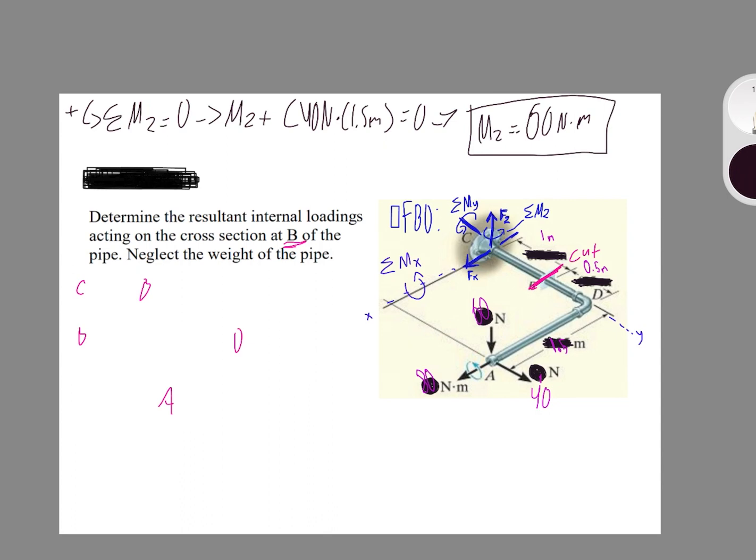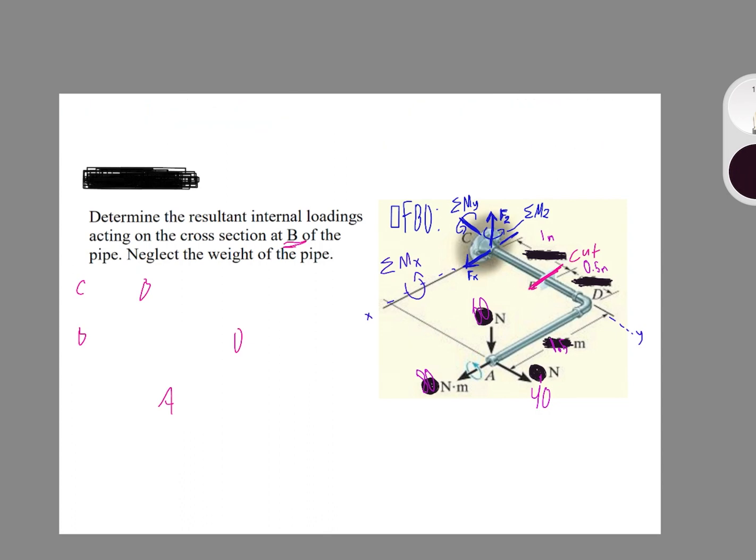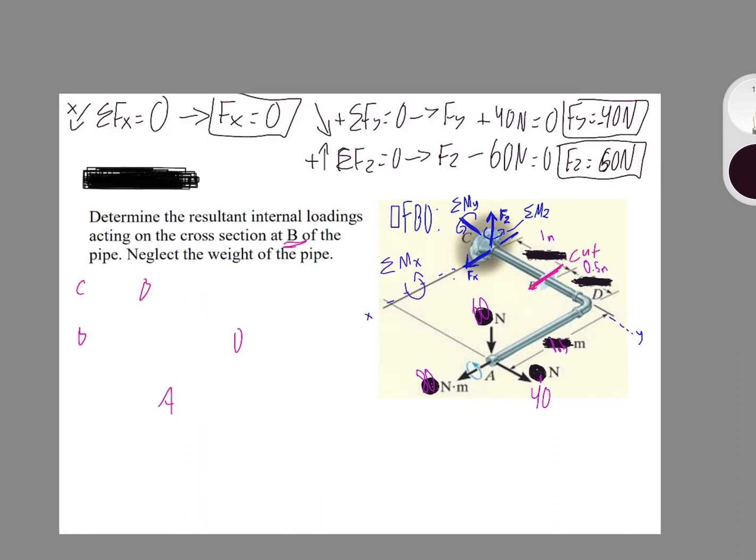Let me define a few things about this stuff. Let's go back to our first one. This is the shear force in the perpendicular direction.